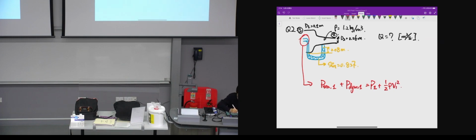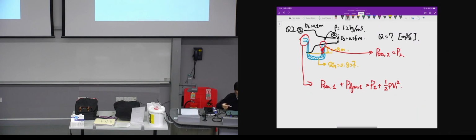But for P2, it's slightly different. For point 2, since this one is perpendicular, normal to the flow direction, we only have P2 here. This is the static pressure, so we measure static pressure here, which equals P2. All right, so here we have a height difference.